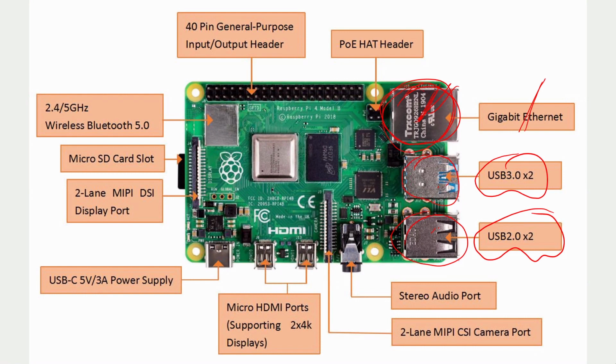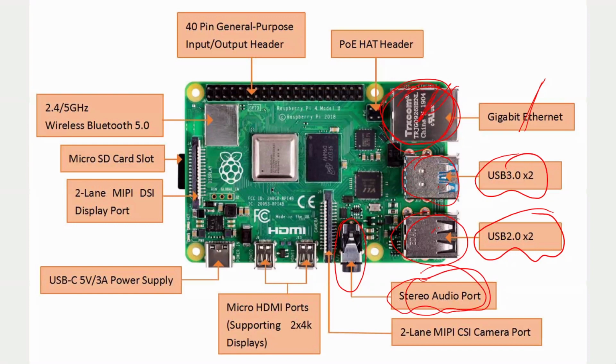Similarly, if your project requires audio clips and you want to give audio to the board, this is the slot where you can give it. This is the audio port.